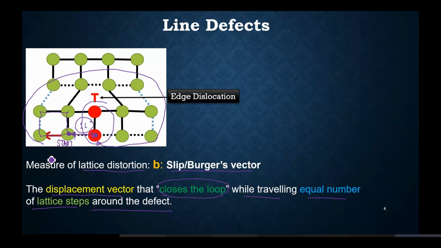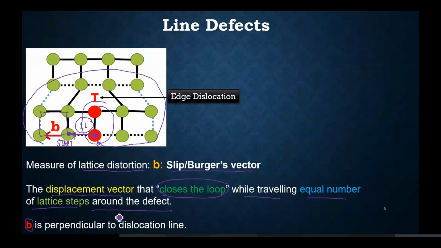Is this point clear? All right. Then you need to understand that b, which is the measure of lattice distortion or Burgers vector, is perpendicular to the dislocation line. Your dislocation line is this line.